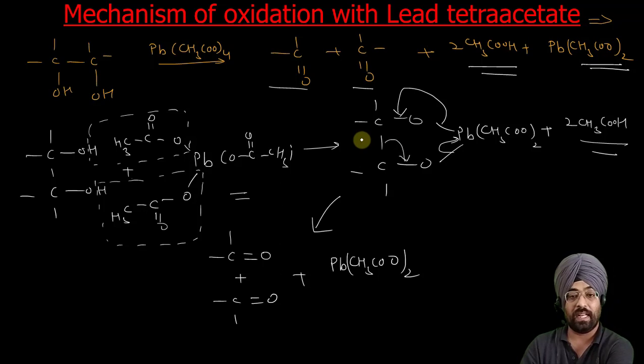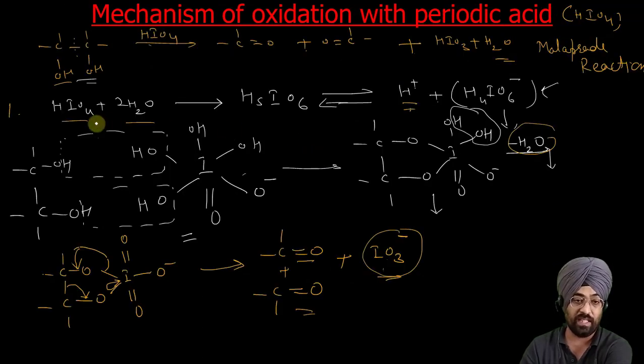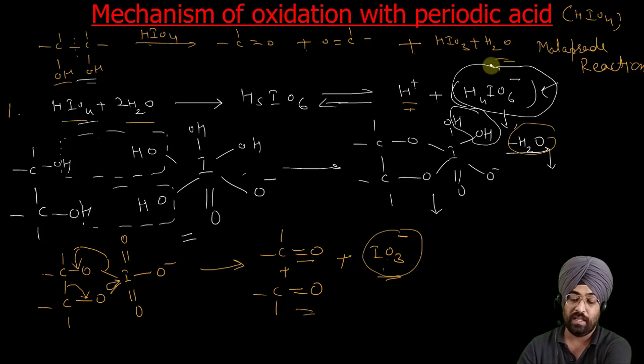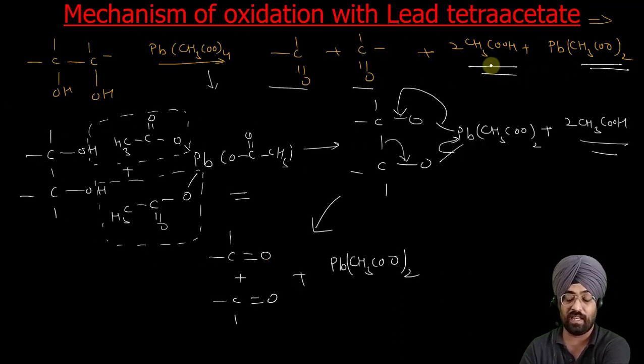So that is the mechanism of these two reactions. These are exactly similar, just the second reagent has changed, otherwise the mechanism is exactly the same. You can see here one additional step is the generation of this species. That is the only difference between these two mechanisms.